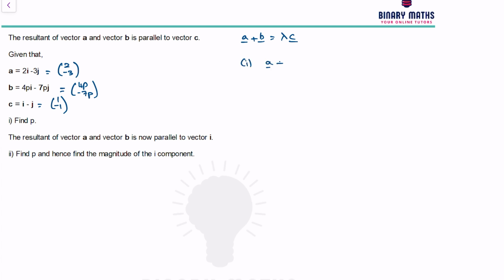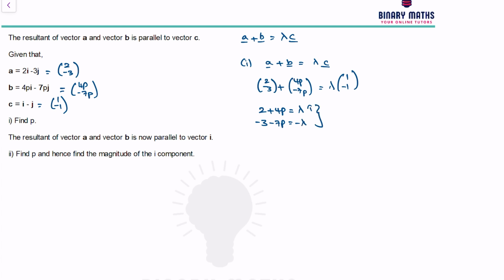So A plus B is equal to lambda times C, which means (2, minus 3) plus (4p, minus 7p) is equal to lambda times (1, minus 1). I get two equations from this: 2 plus 4p is equal to lambda times 1, which is lambda, and minus 3 minus 7p is equal to minus 1 times lambda, which is minus lambda.